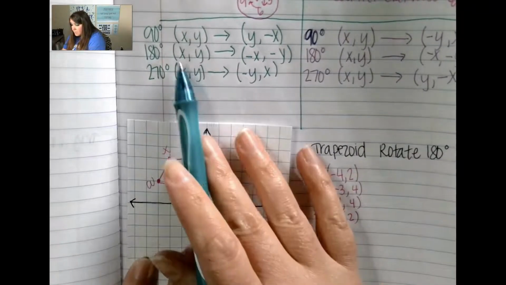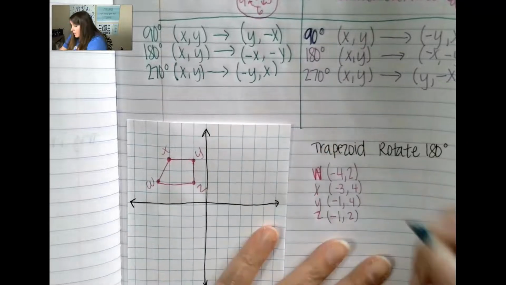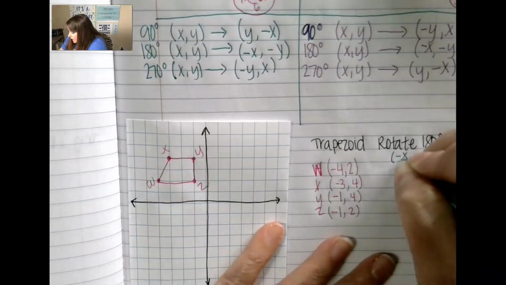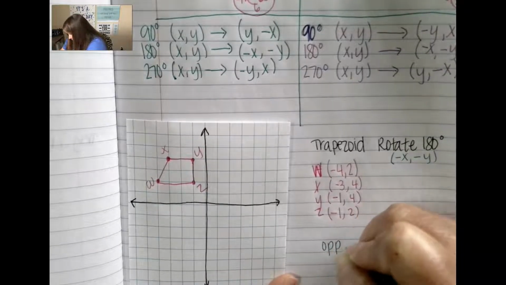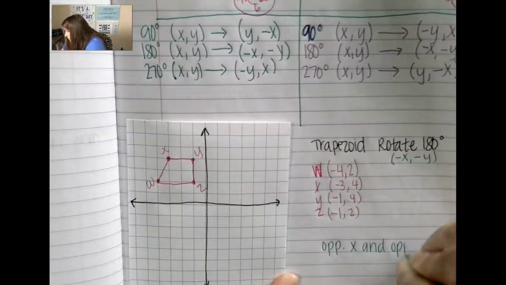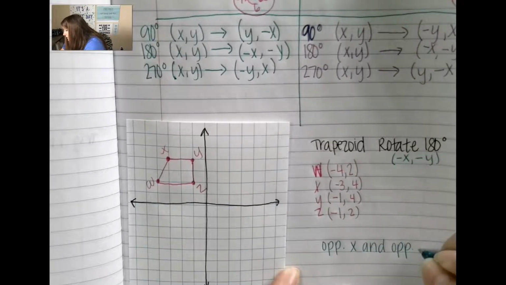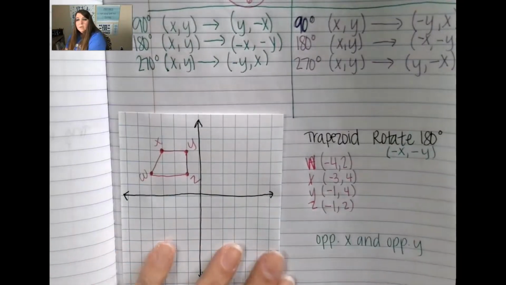So we start with XY. We're going to end with opposite X, opposite Y. So I want opposite X, opposite Y. And I'm just going to write that down here so that I remember it's not necessarily a negative sign. It's the opposite value. Okay?